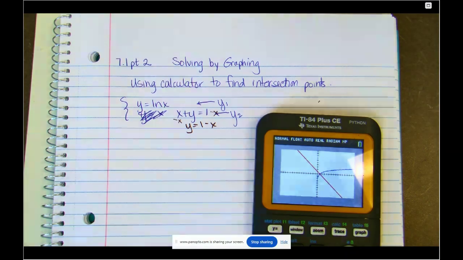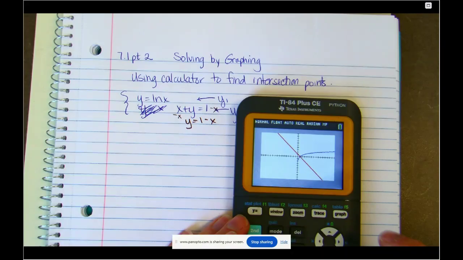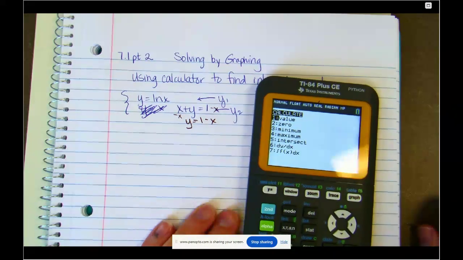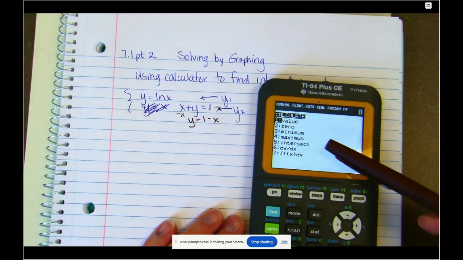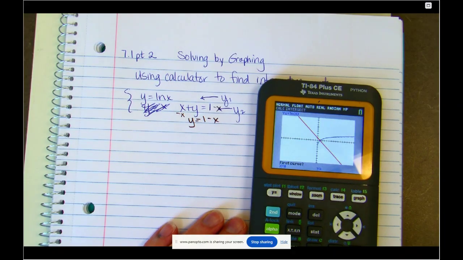Okay, now let's talk about using your calculator to get an intersection point. They're not always going to be nice. I need you to listen to me very carefully because there's some weird stuff with this. So second trace, it says calc up there because it's where you do all the calculating of things. Number 5 is intersect. Look at what this asks you.